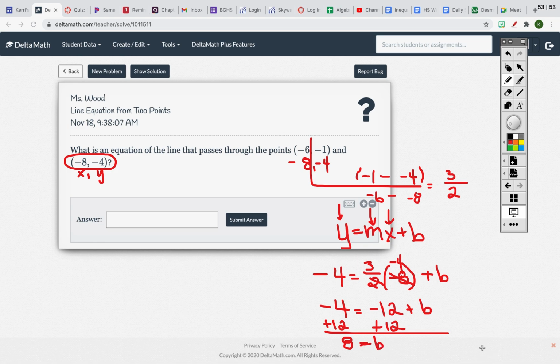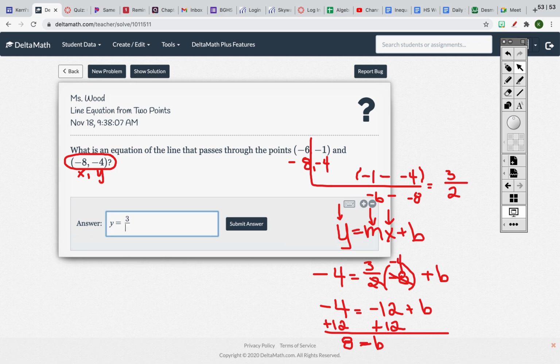So now I simply fill in this information. y equals, we're not going to plug any points in, we're just going to plug in our slope and y-intercept. M is 3/2 x plus 8.